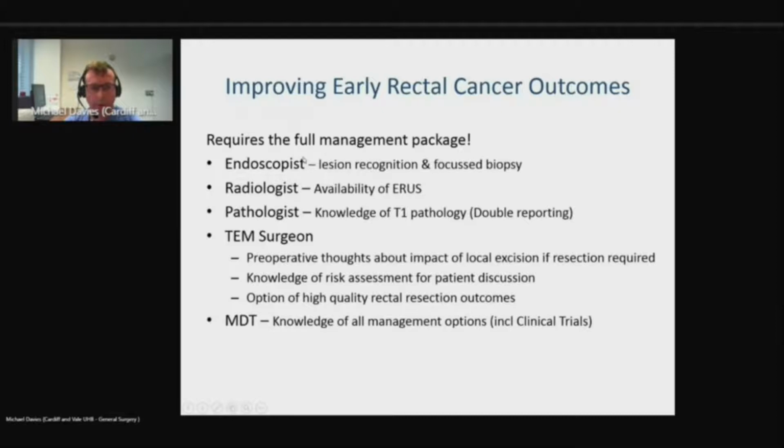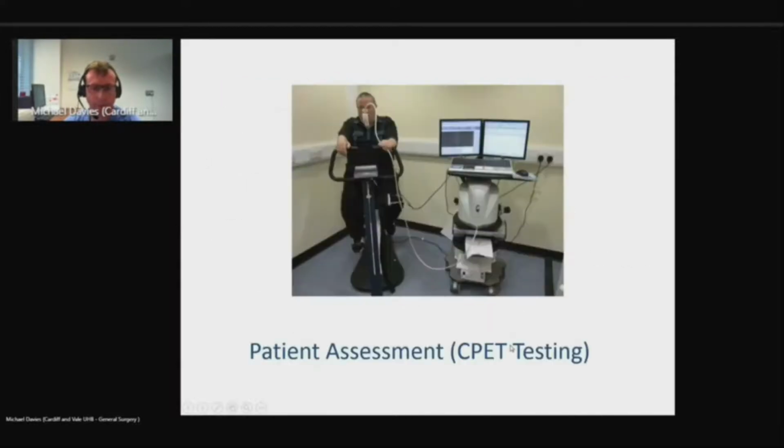Within our MDT, it's key that there are many specialists who aid the management of these patients. They're not straightforward for the reasons we've mentioned. We assess our patients. Sometimes it's obvious visually, but we find that CPET testing and anaesthetic review can help define those patients who are fit enough for major surgery.